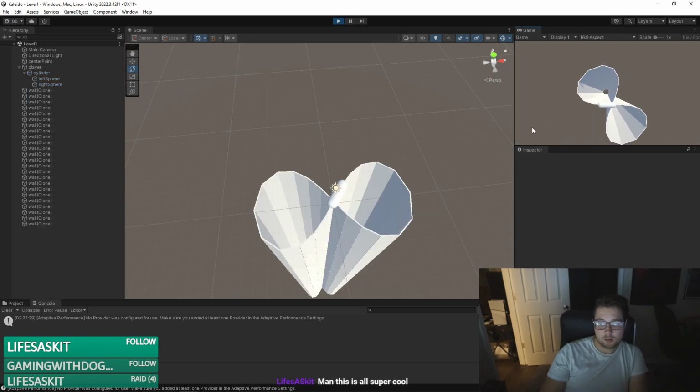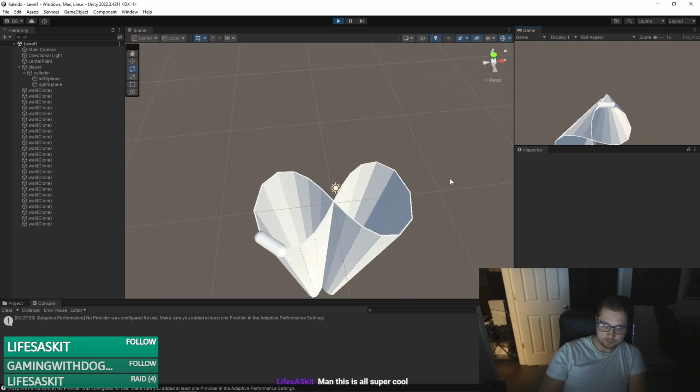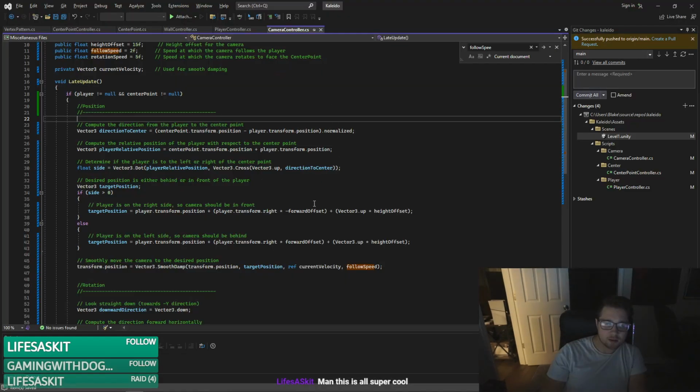Okay. Yeah, no, it's still just flipping at random times. What is going on? Okay, so here you can see it is just moving once at a time, but it's flipping every other time. Jesus. Okay.